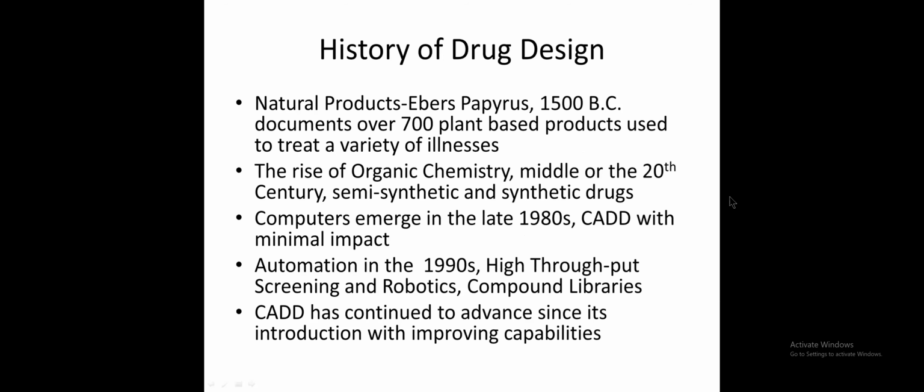So a brief history. The use of drugs has been around for a number of years. The Ebers Papyrus was available in 1500 BC, and it documented the use of over 700 different plant-based products to treat a variety of illnesses, salves and lotions and elixirs that were utilized, and certainly of questionable value, but it's been around for a long time.